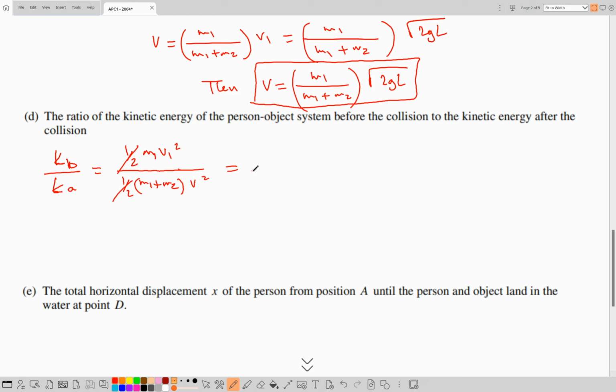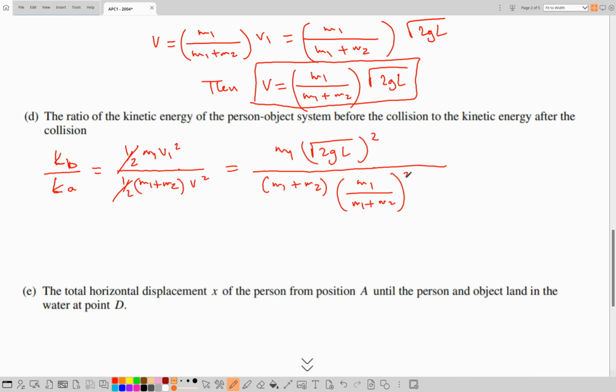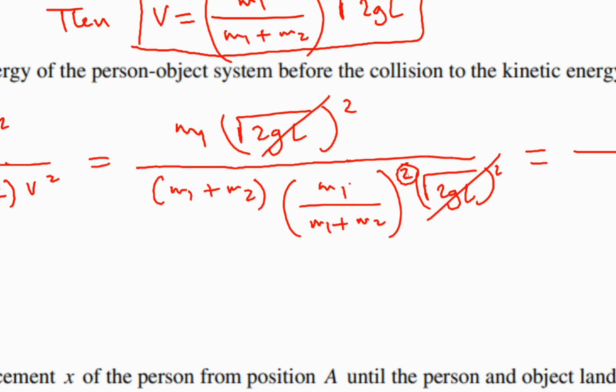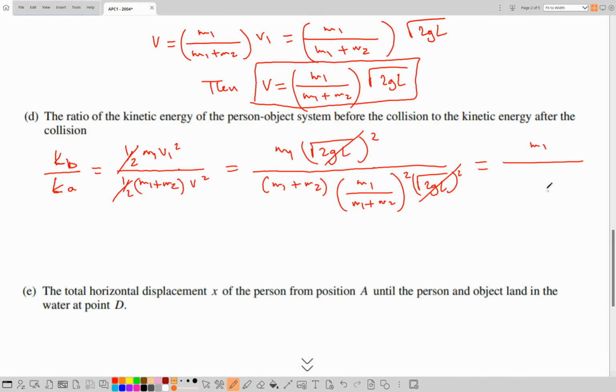Now half with half would cancel. Here we have m1, v1 is given by radical 2gL to the power of 2, and here we have m1 plus m2 multiplied by v square. V is given by m1 divided by m1 plus m2, squared, multiplied by radical 2gL to the power of 2. Let me do it carefully.